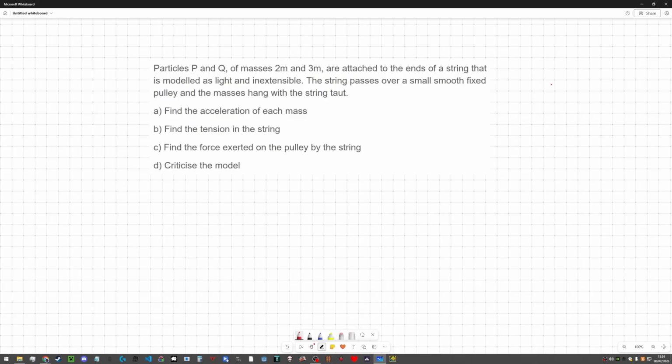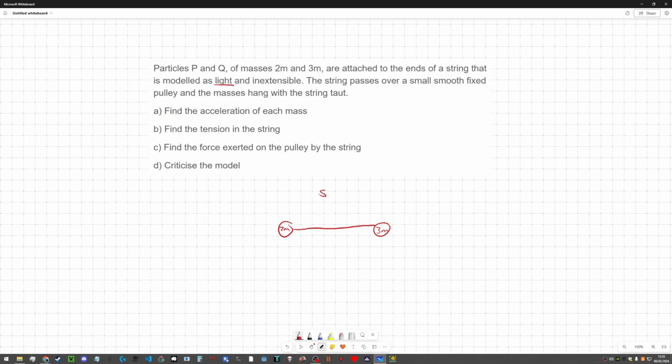So we should start by drawing a diagram of this, because this is, again, a lot of words. So we have a particle P and Q of masses 2m and 3m. They're attached to the ends of a string, which is light and inextensible.